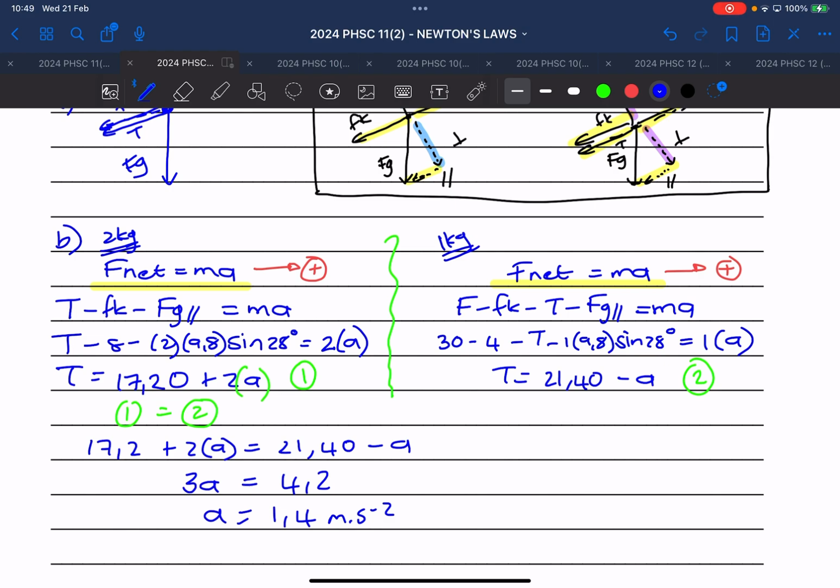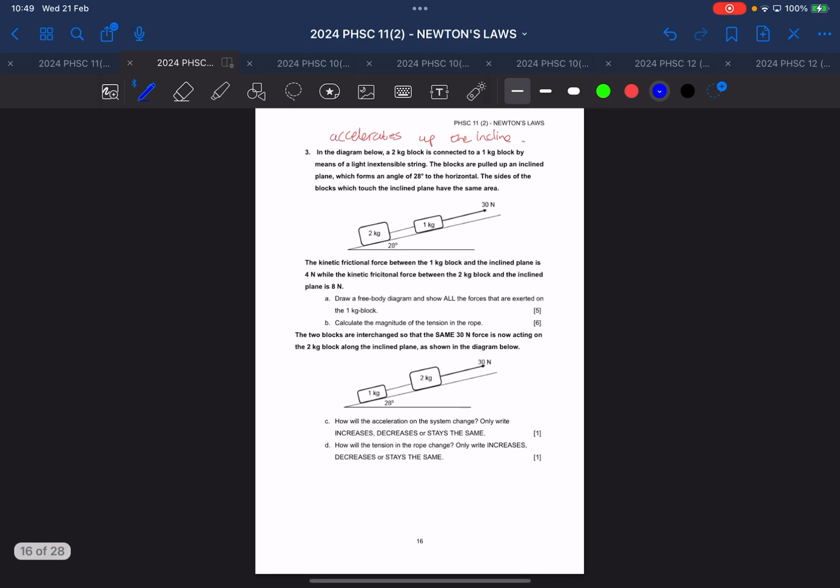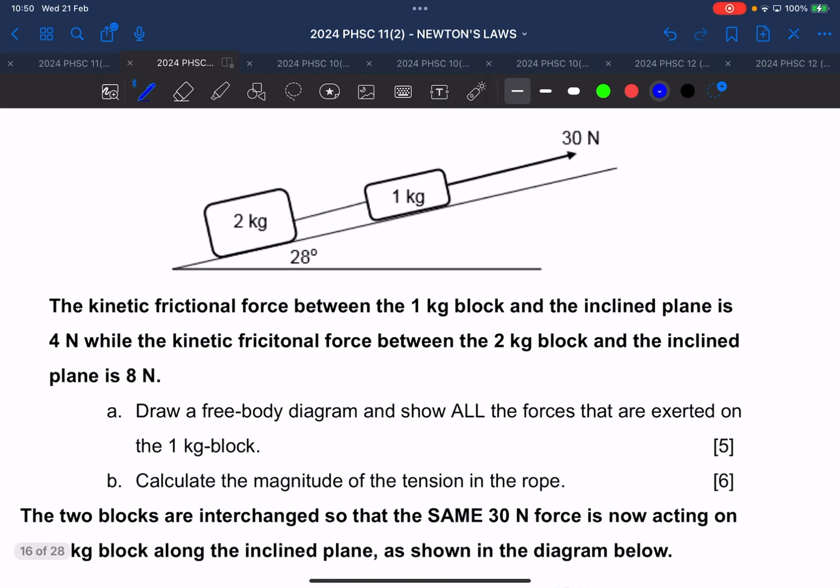But, ladies and gents, that was not the question. The question wasn't what is the acceleration. The question was what is the magnitude of the tension in the rope.